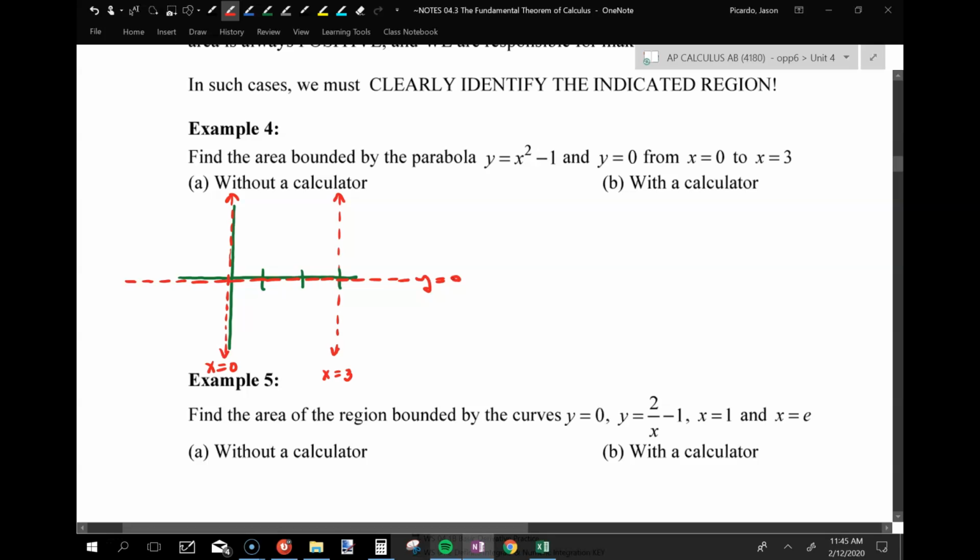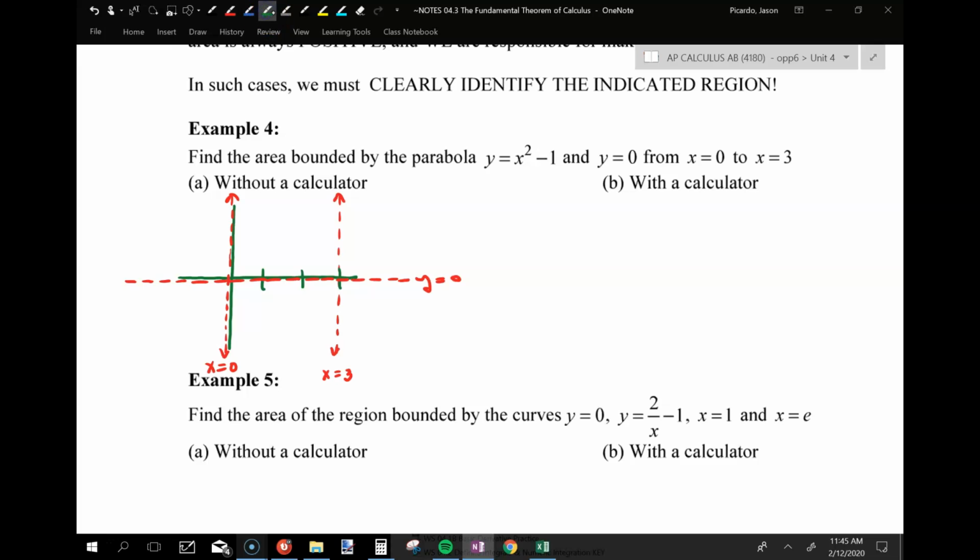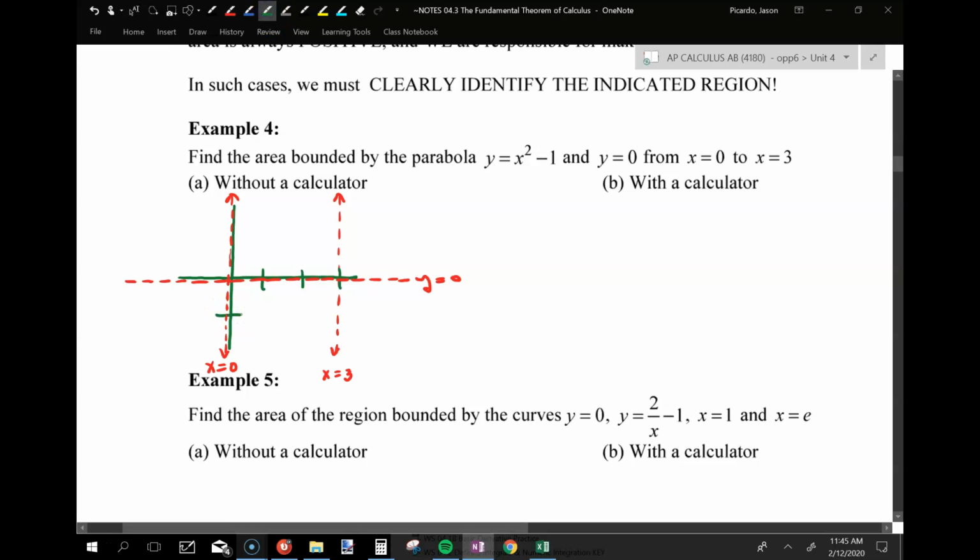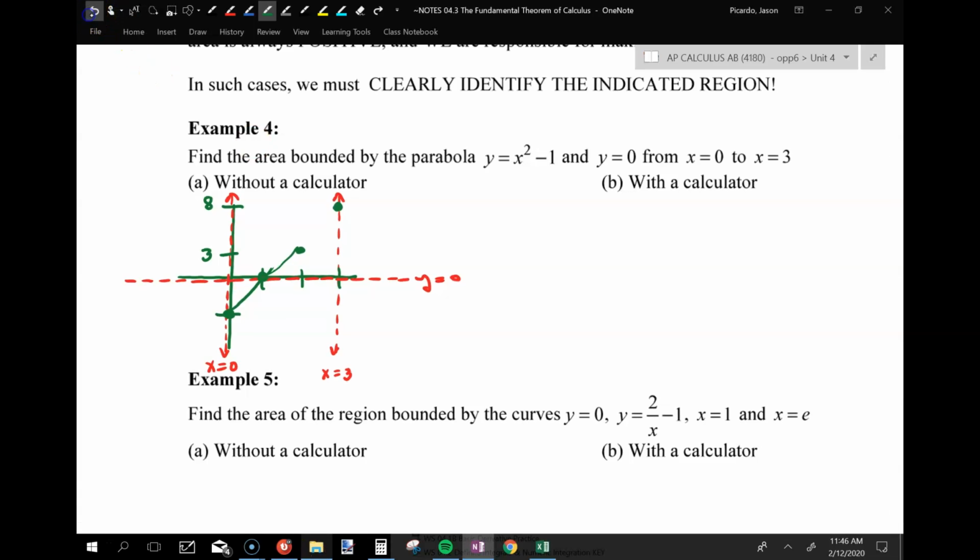And the curve itself is going to create some sort of boundary. Well, let's pretend this looked parabolic. Clearly my scale's a little askew, let me fix my scale a little bit.